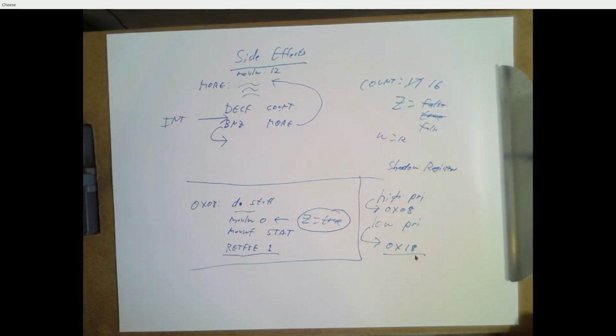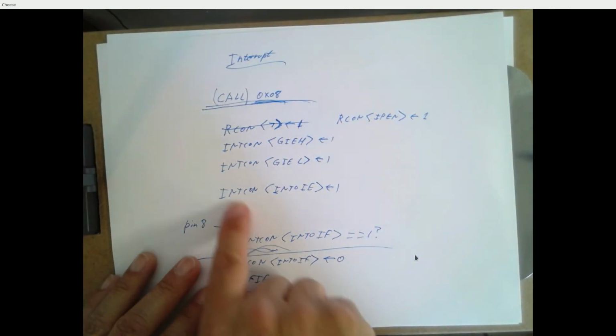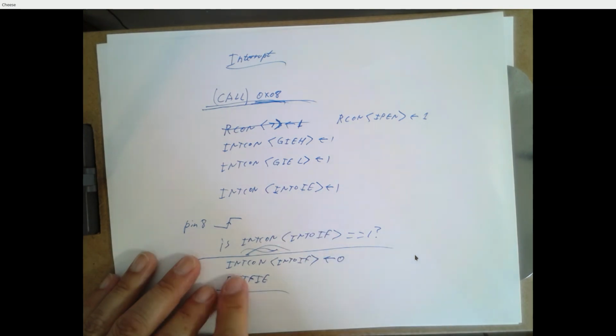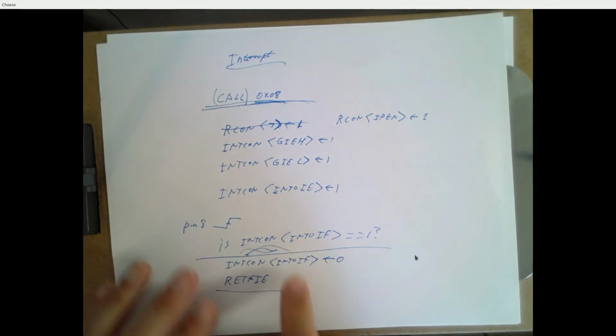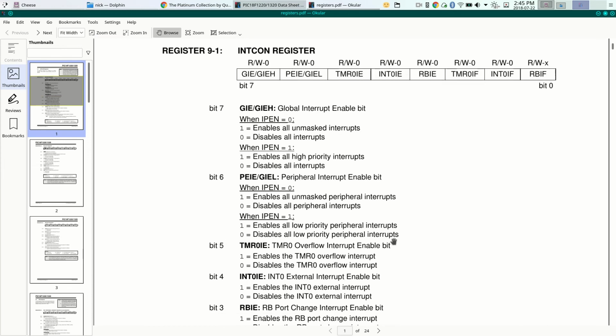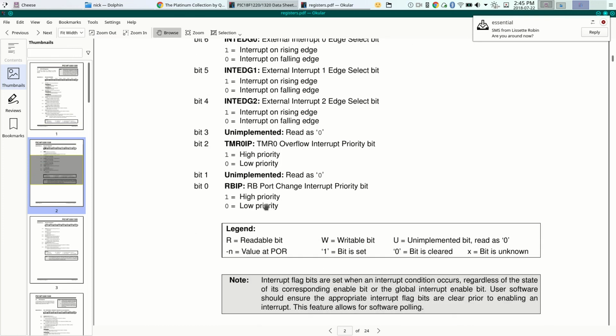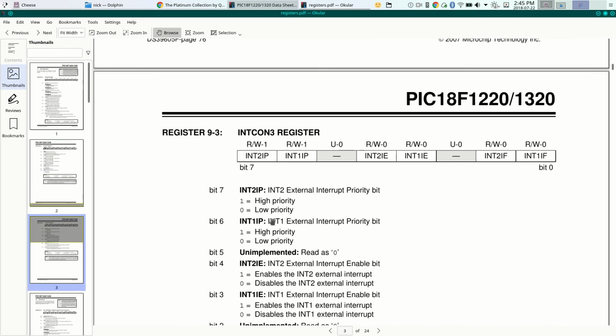The other general comment is you need to be really, really good about looking at the registers that you're going to use for interrupts. For example, when we want to deal with INT0, we had to use INTCON's interrupt enable bit, we had to use INTCON's interrupt flag bit, and so on. That's only for interrupt 0 though. If you want to deal with interrupt 1, you have to look at the INTCON3 register.